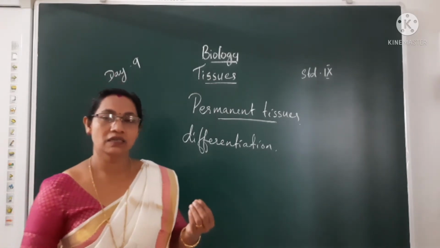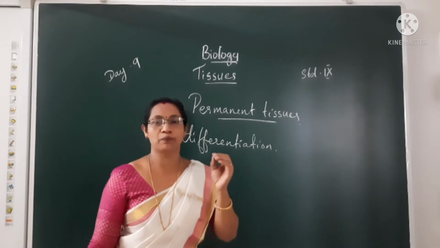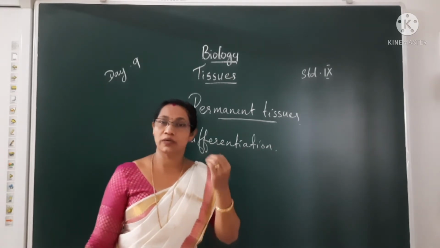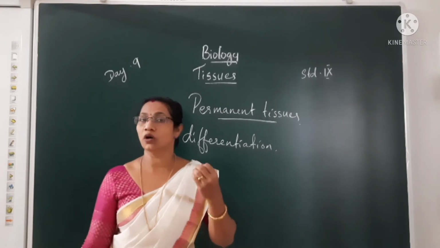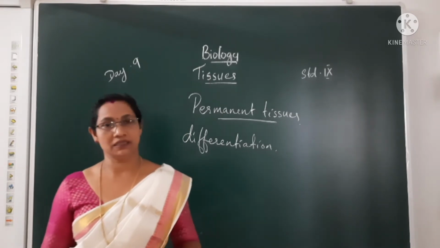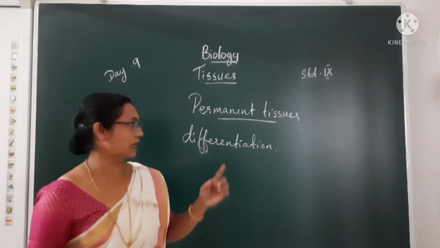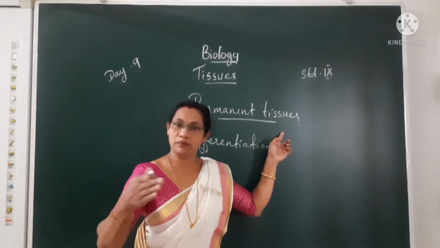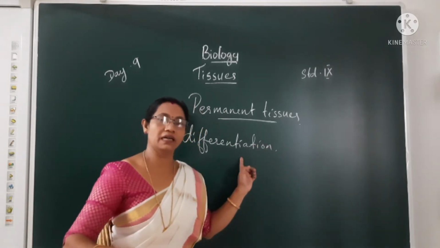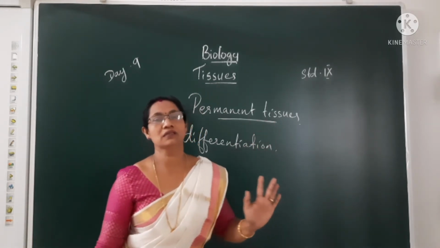So the cells which begin to perform one particular function, attain a permanent shape and structure, and do not have the dividing capacity, such tissues are known as permanent tissues. So meristematic tissues differentiate into permanent tissues.